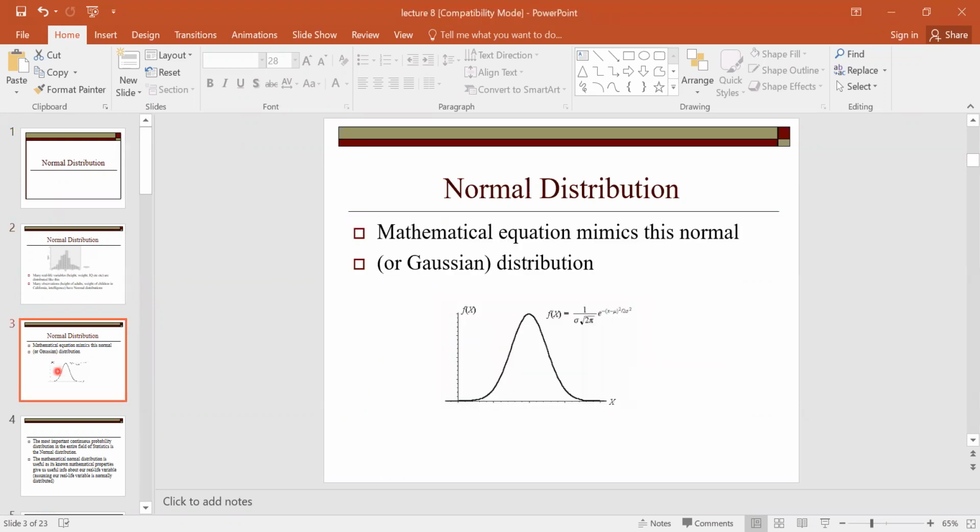The mathematical equation represents 1 over sigma root 2 pi e to the power minus (x minus mu) over sigma, whole squared. This equation is known as the normal equation, and this bell shape is the normal distribution.